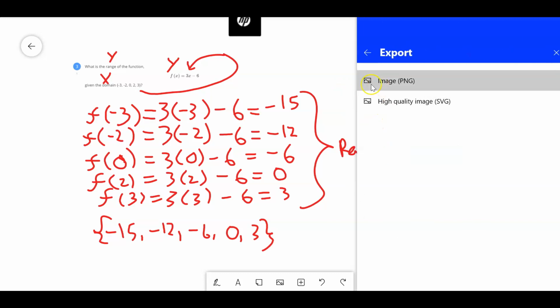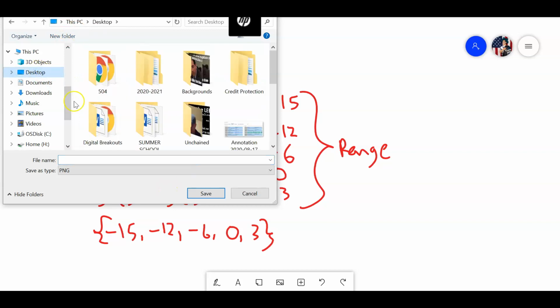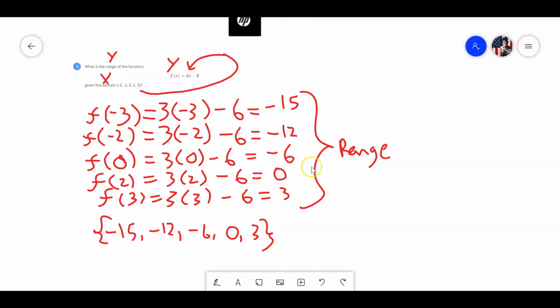Export as an image. By the way, what I'm using right now is called Microsoft Whiteboard. You can try it, okay? And I'm going to call this AR review, whatever you want to do.